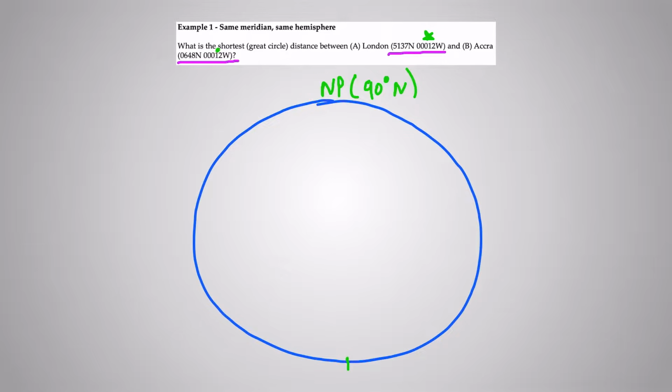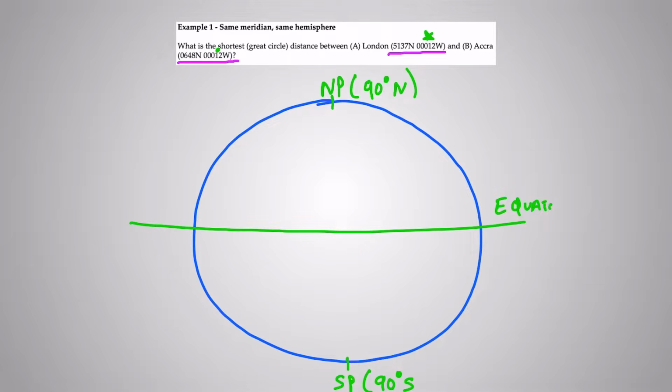This will be the South Pole, which is 90 degrees south. This is the equator, which is 0 degrees north south, and this is our longitude, 0 degrees 12 minutes west.